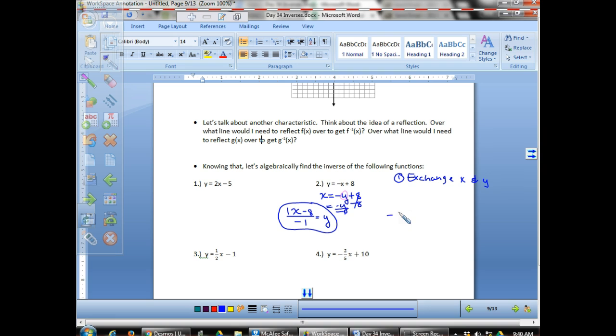So it's kind of like this, negative (x minus 8). And then I'm going to distribute that, so I get negative x plus 8. So that last part is just your algebraic part of simplifying that down. So the steps are exchange x and y, solve for y, and then the third step is write with your inverse notation.